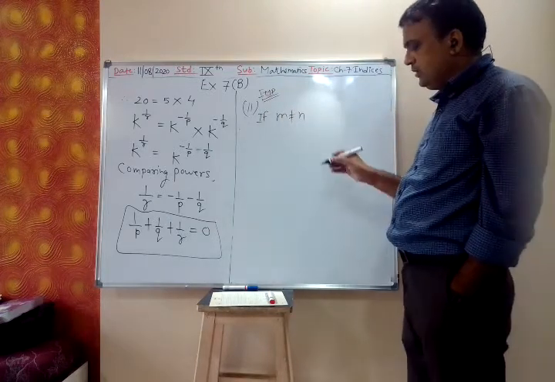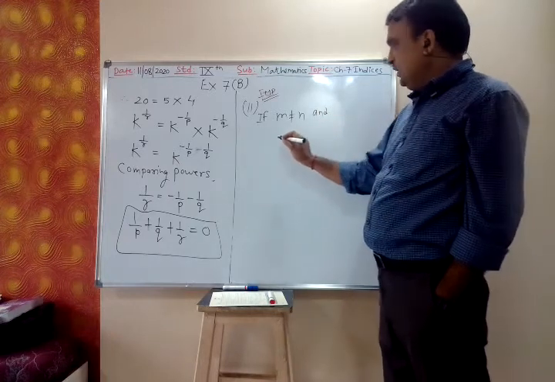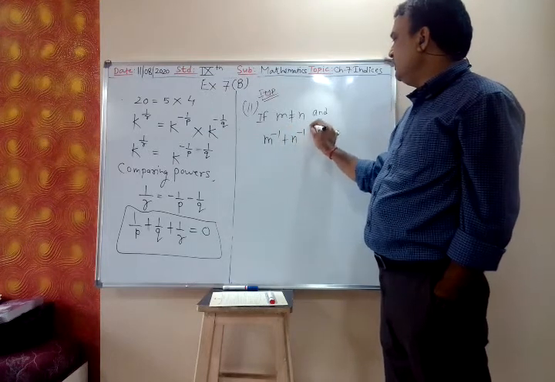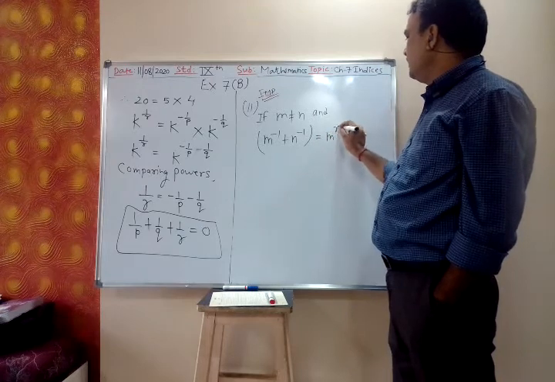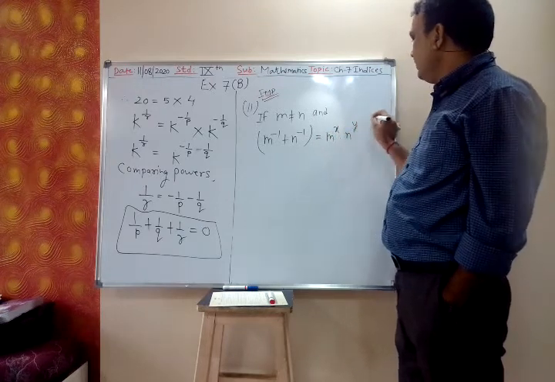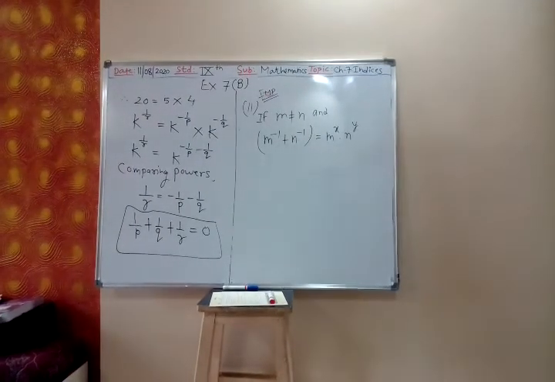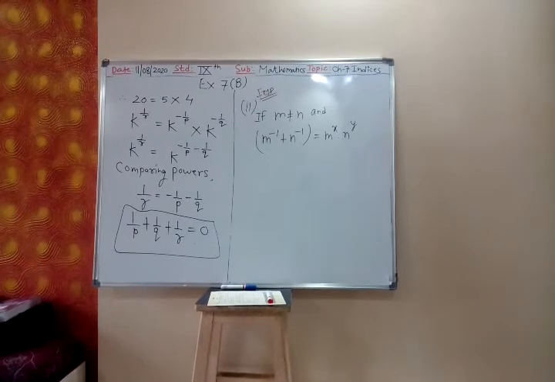If m is not equal to n, and m raised to minus 1 plus n raised to minus 1 is equal to m raised to x into n raised to y.